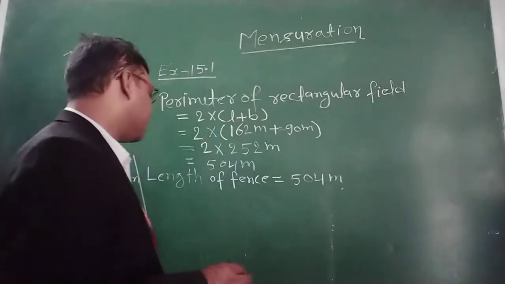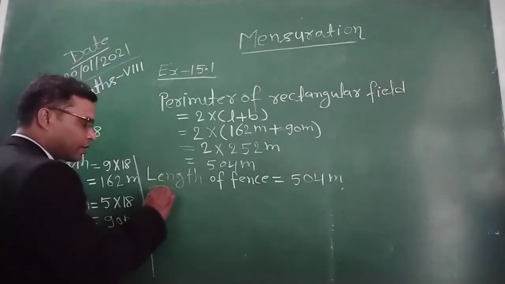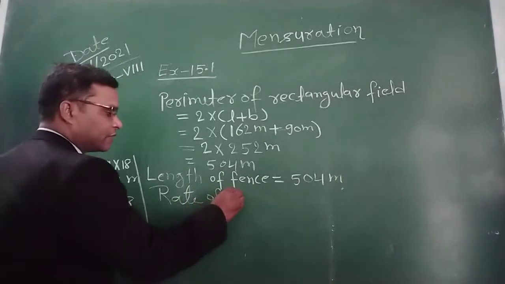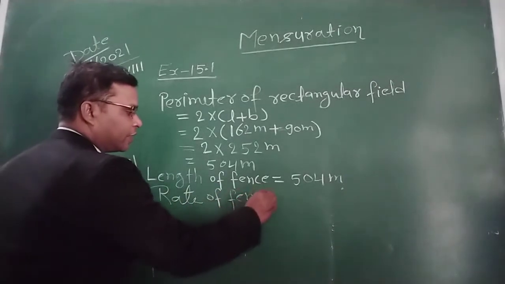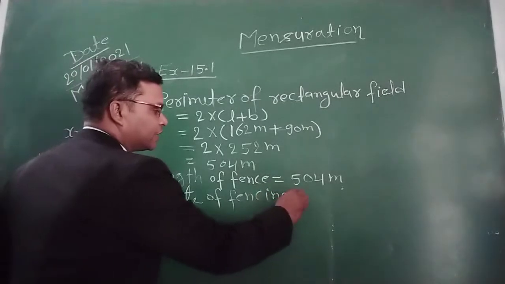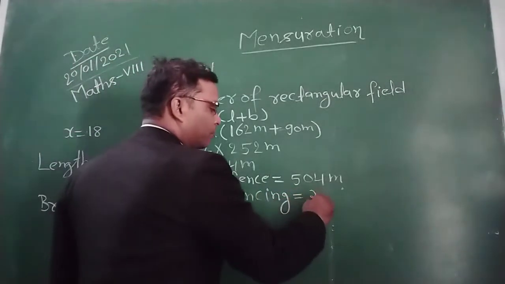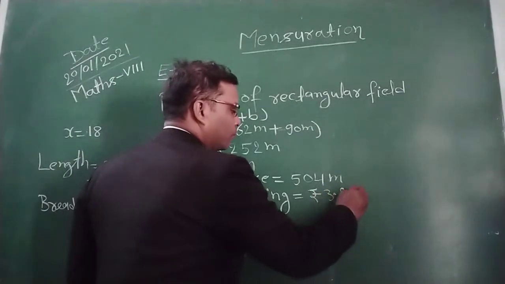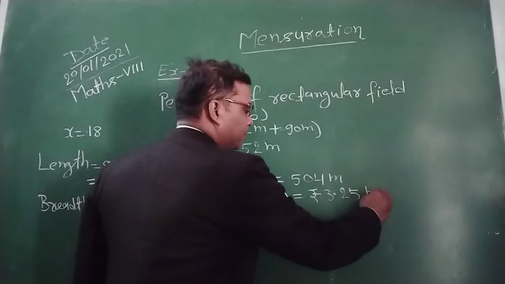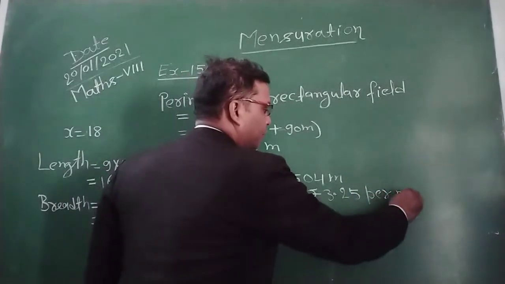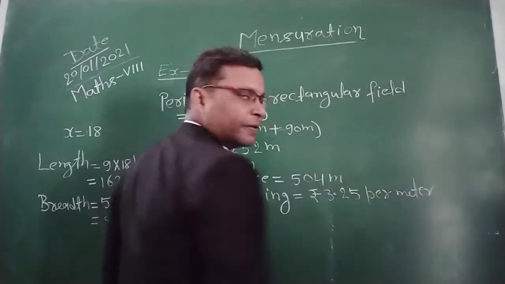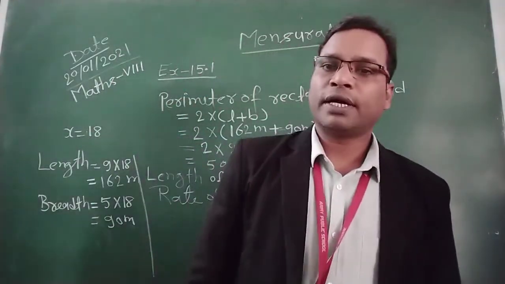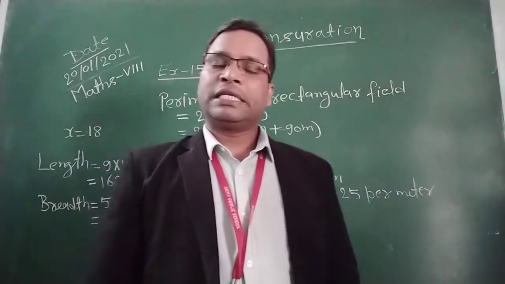Now, the rate of fencing is given here. Rate of fencing is given here: rupees 3.25 per meter. This is clear? Rupees 3.25 per meter. This is the rate of fencing.